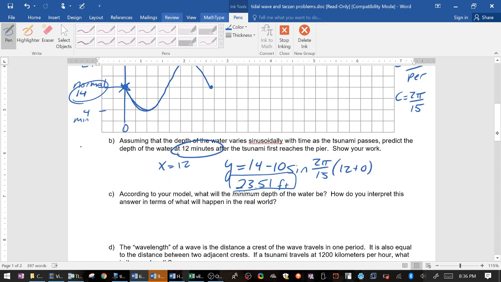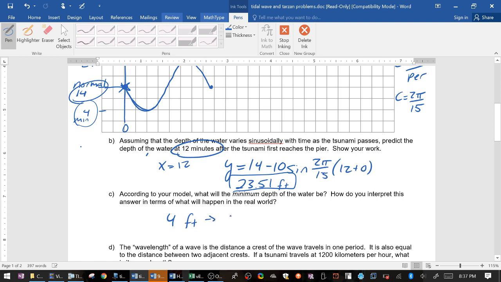All right. C, according to your model, what's the minimum depth of the water? So if I'm looking at the minimum, we already marked it, it's 4. So 4 feet. Okay, so it says, how do you interpret this in terms of what will happen in the real world?